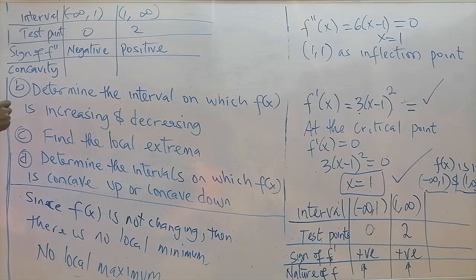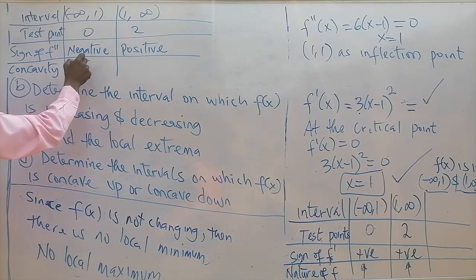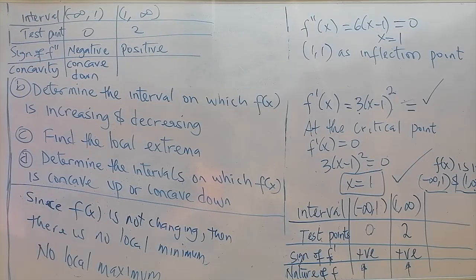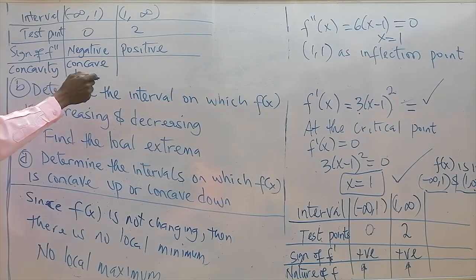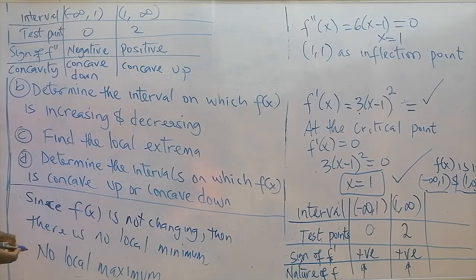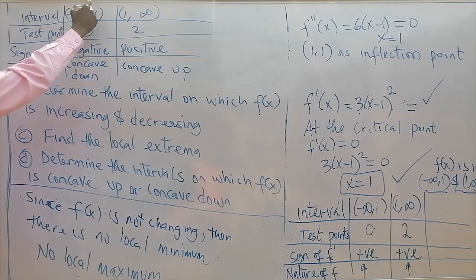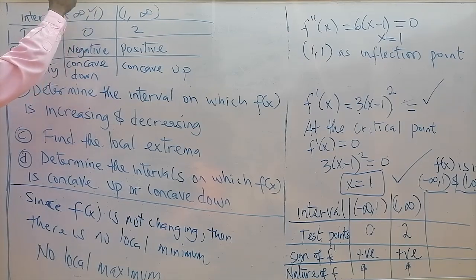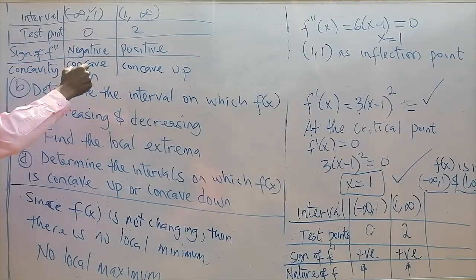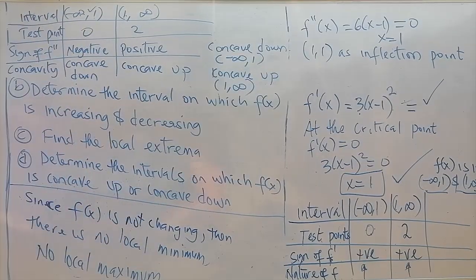If it's negative, that means it is concave down. If the sign of the second differential is positive, it is concave up. So that's that on this question. It is concave down on this interval and concave up on this interval. So that's that on concavity.